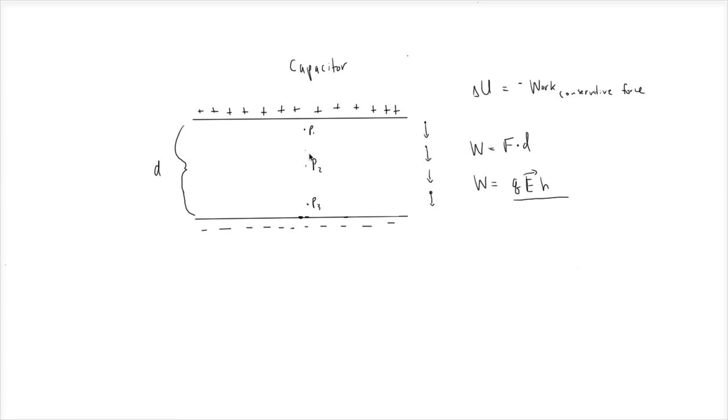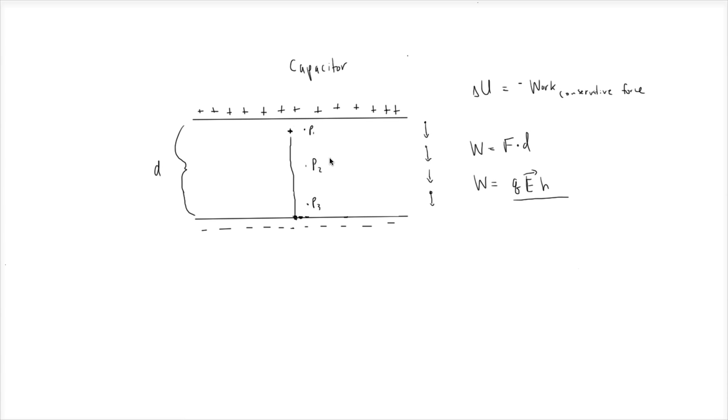Say I have a positive charge and I put it here at P1, it will feel a force. We could figure out that force by multiplying whatever charge it had by the electric field at that point, and we're saying the electric field is constant throughout. Because there are positives above it and negatives below it, it's going to go down. It's going to be repelled by the top and attracted by the bottom. And the force will be constant the whole way through because the electric field is constant the whole way through.